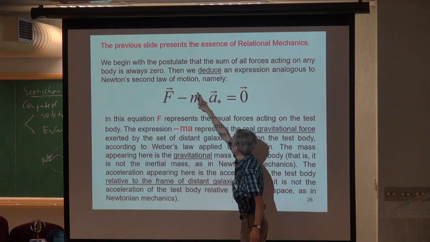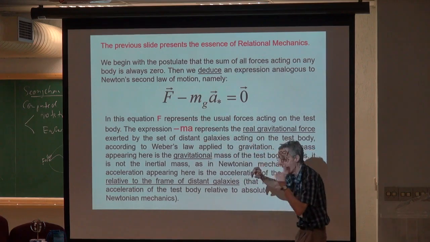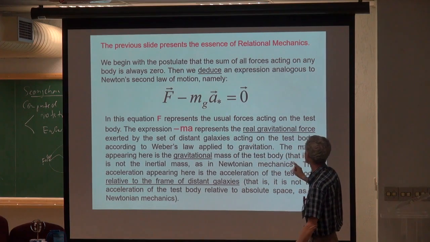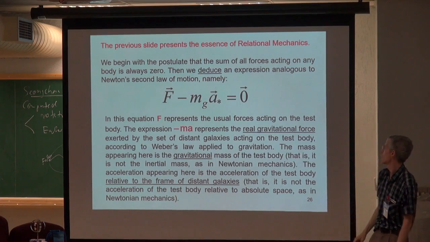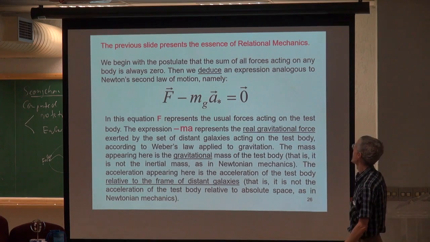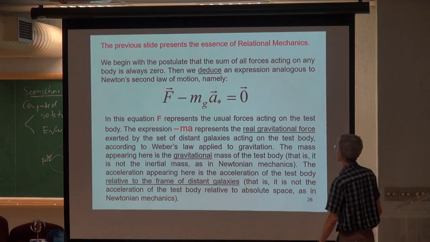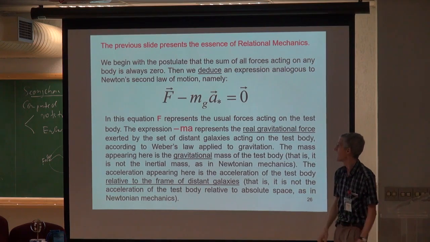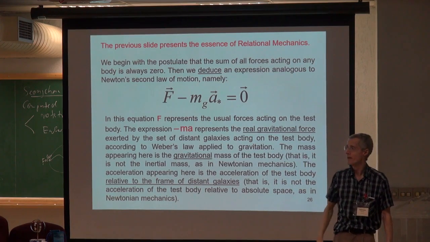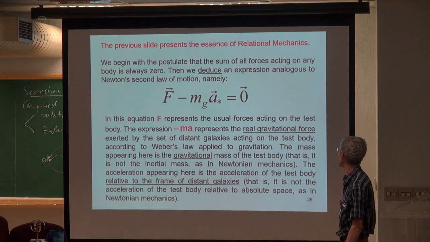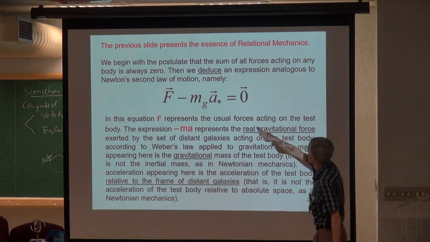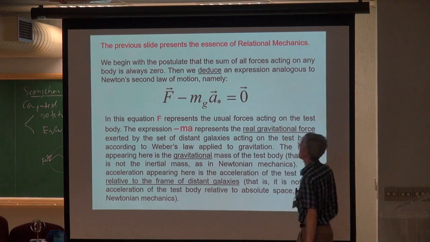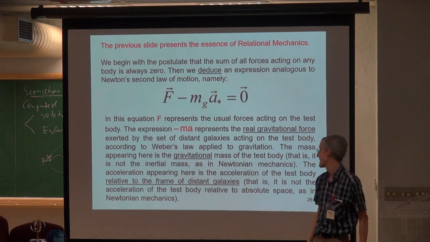And this component here, minus ma, represents the real gravitational force exerted by the set of distant galaxies acting on the test body according to Weber's law applied to gravitation. The mass appearing here is the gravitational mass of the test body.